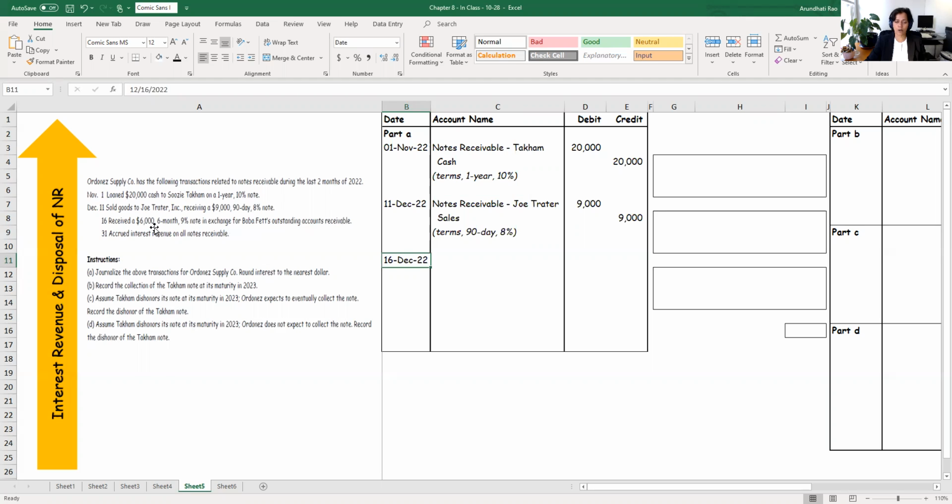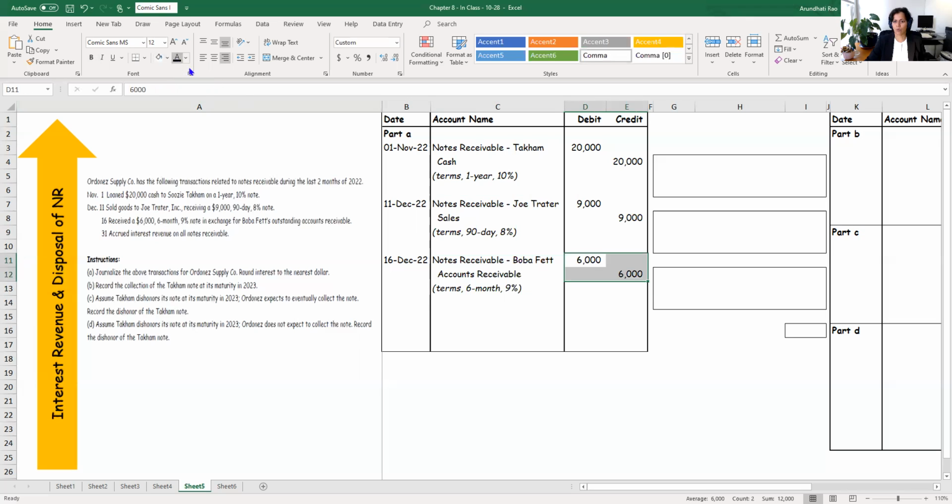And when the due date came, they were not able to make the payment. We have agreed to give them an additional 6 months to make the payment. But now we are telling them we want to charge 9% interest. So we are replacing the accounts receivable with the notes receivable in our books. The terms are 6-month, 9%.